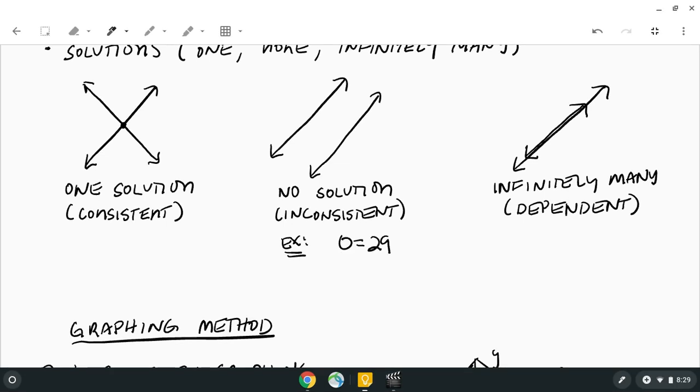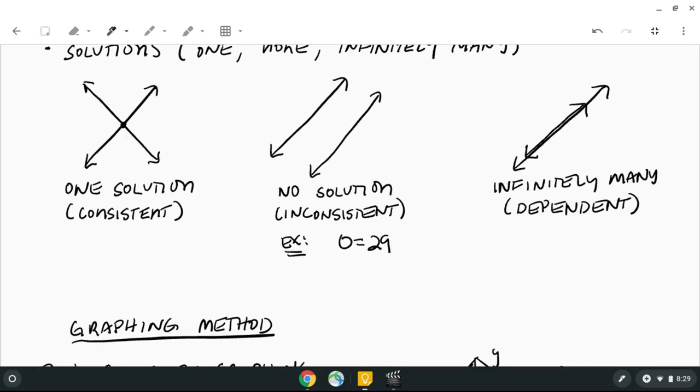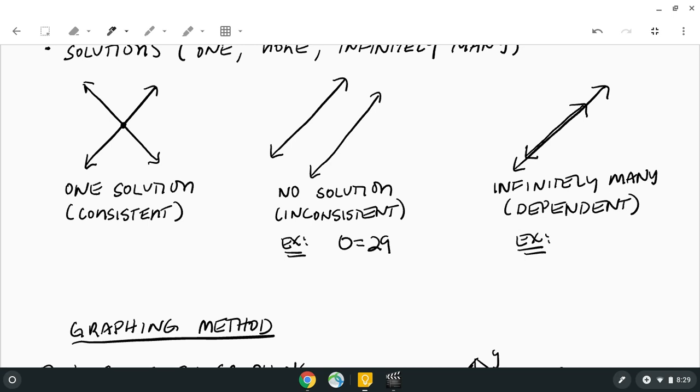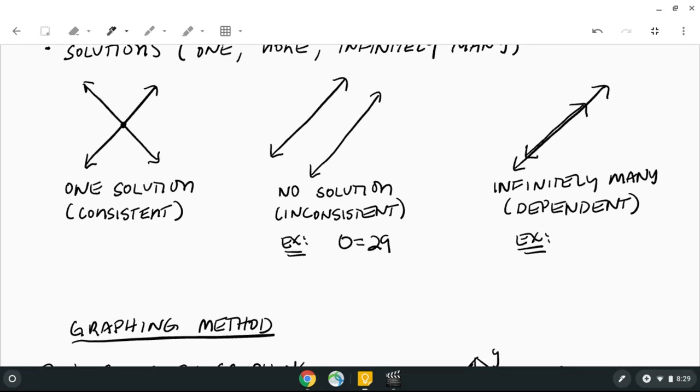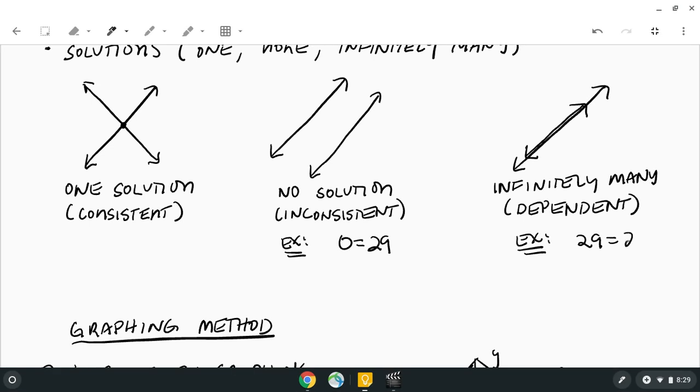In the infinitely many case, all of your variables cancel out, and you're left with this, 29 equals 29. That's true. So hopefully you know the difference.